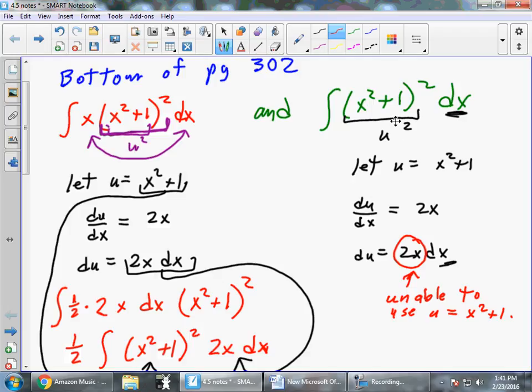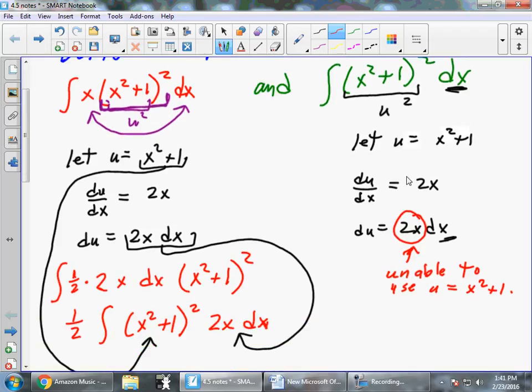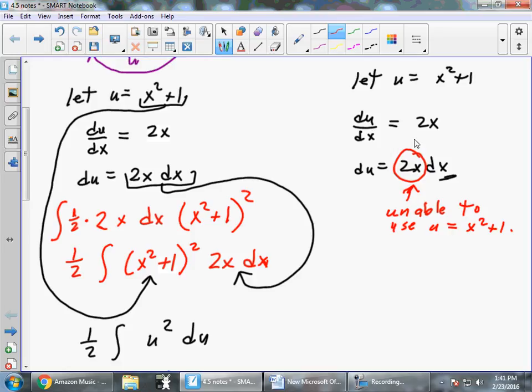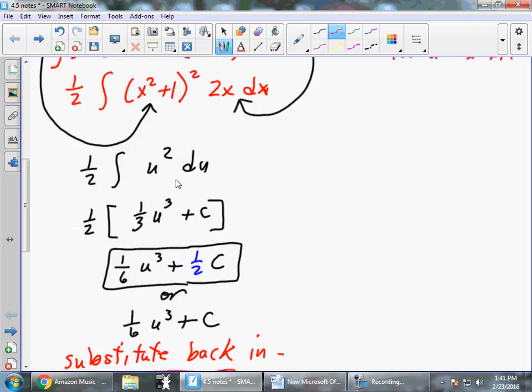I wouldn't use substitution for this equation. I'd use the old Orion method and get x to the fourth plus 2x squared plus 1. Not always, but you have to be able to express it in terms of u and du only, like I did right here.